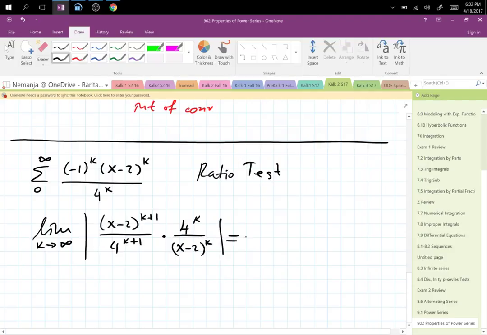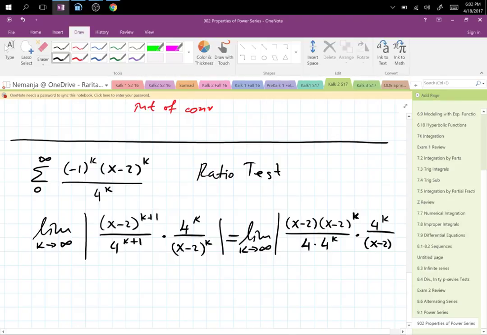And then we do peeling. So peel off x minus 2. So that's that plus 1, right? You peel off. And in the denominator, peel off a 4 times, and we still have 4 to the k over x minus 2 to the k, and those will cancel.